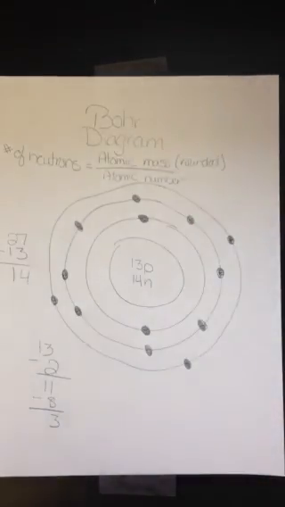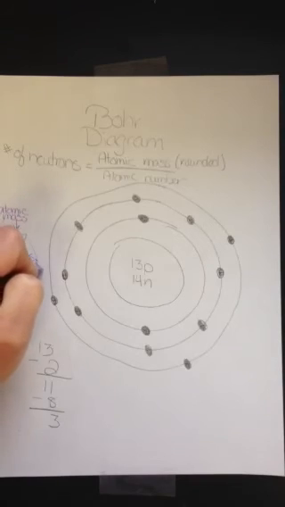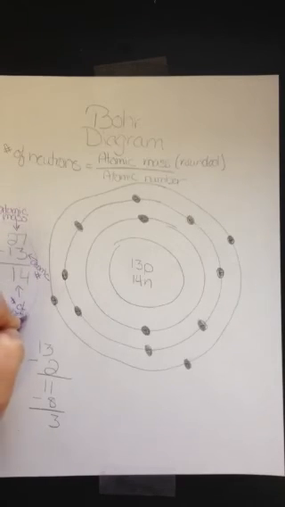Okay? So what I want you to do is to create a Bohr diagram, show all your calculations, so remember that this is the atomic mass, this is the atomic number, this is the number of neutrons.